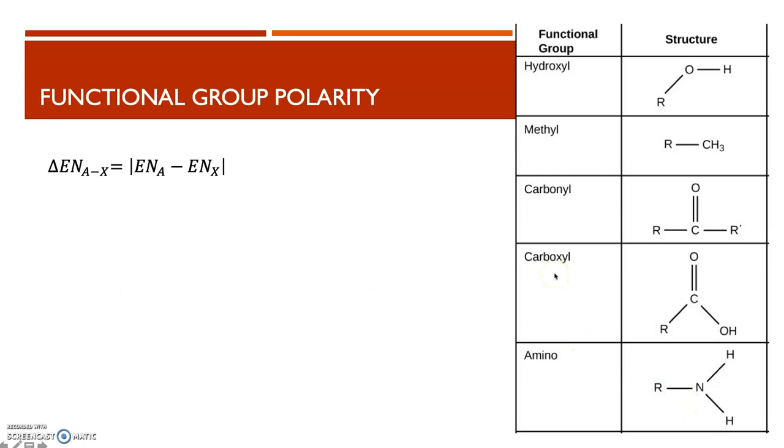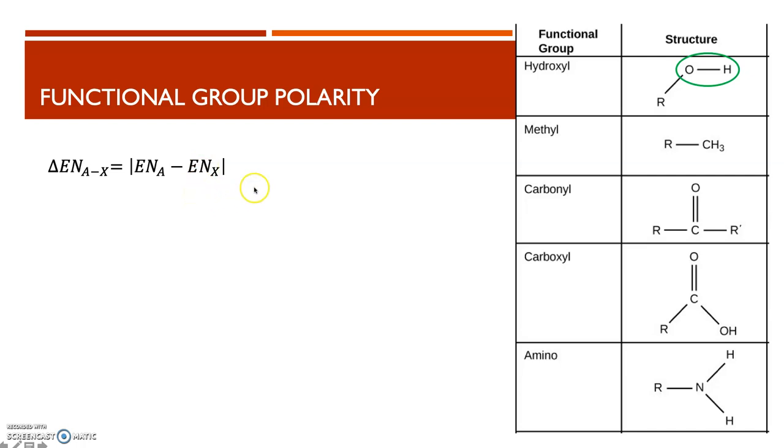If we think about the polarity of each of these functional groups, we can determine the difference in electronegativity between any two atoms by taking the absolute value of the electronegativity of each of the atoms and subtracting them.